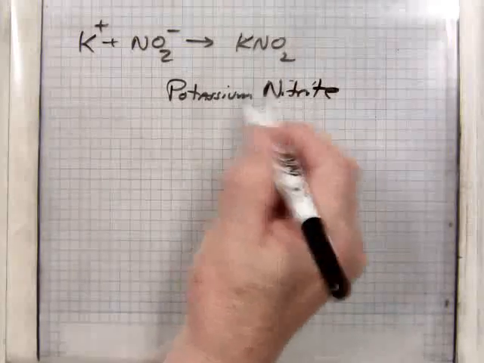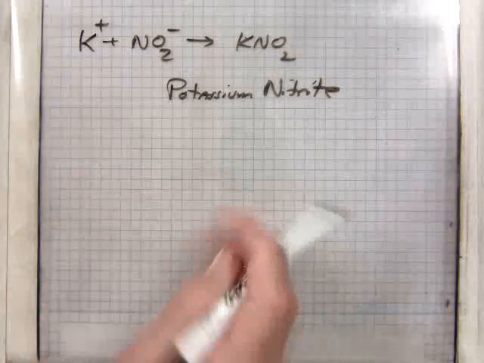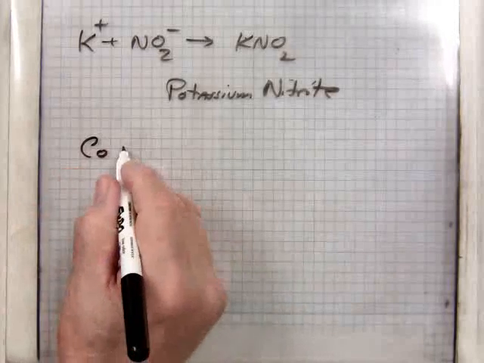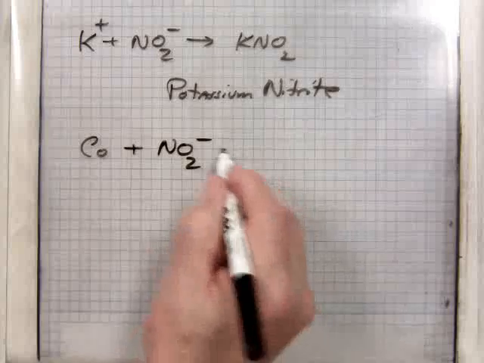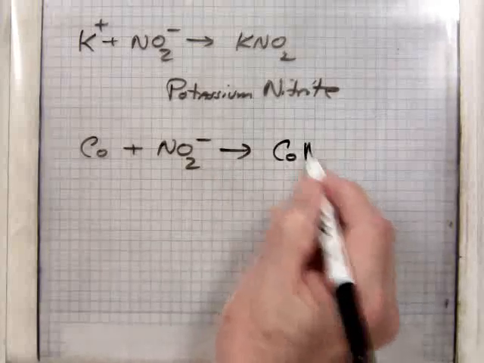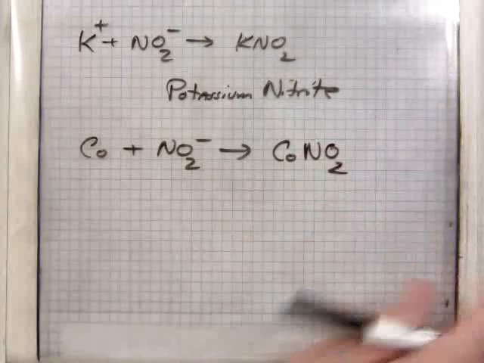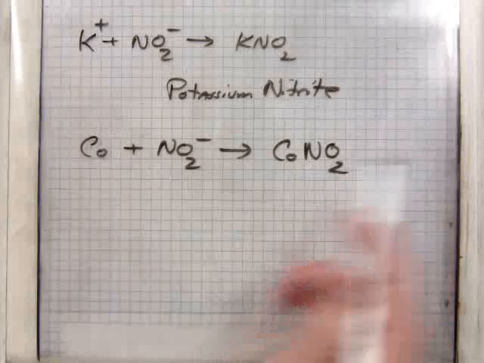You do not have to put in parentheses the oxidation state of the metal because it's in group 1 and is a fixed charge element. However, if you have a variable charged element, cobalt plus the nitrite, and you hook up the cobalt nitrite, you have to know what that oxidation state is in order to know how many you have here.